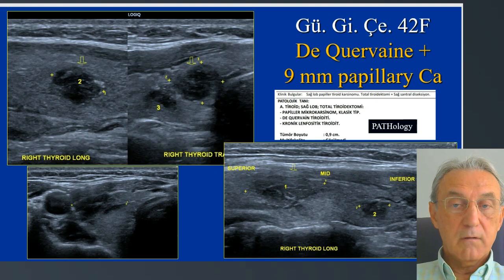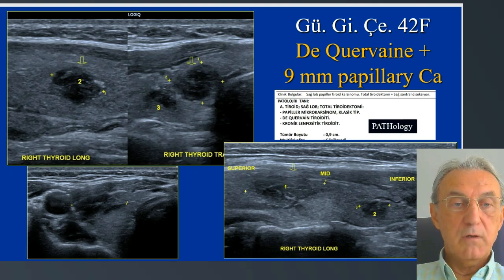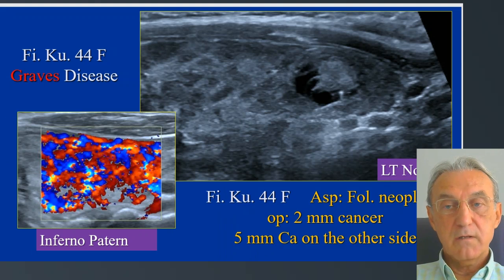But sometimes the opposite may happen. So this is a case like that. It's a 42 years old female with a hypoechoic Thyroid 5 nodule. There is de Quervain thyroiditis in the patient, but one of the nodules is a 9 millimeters papillary cancer.